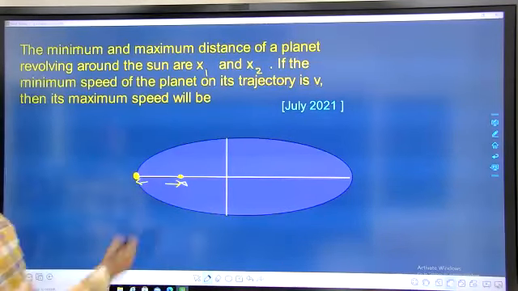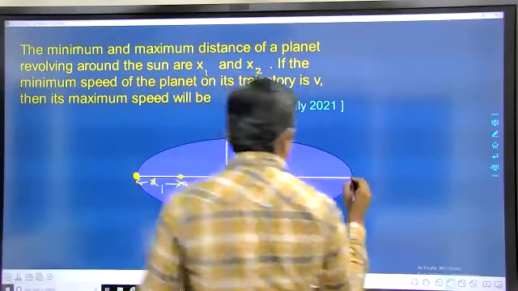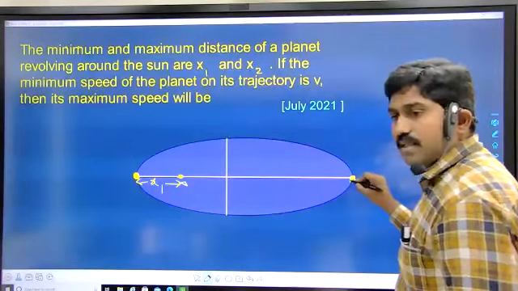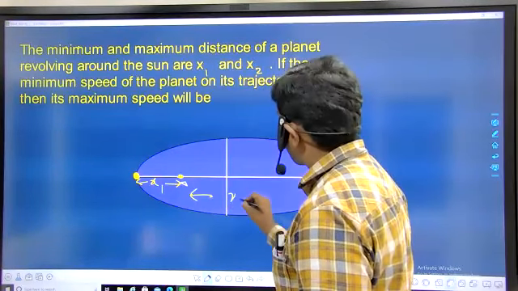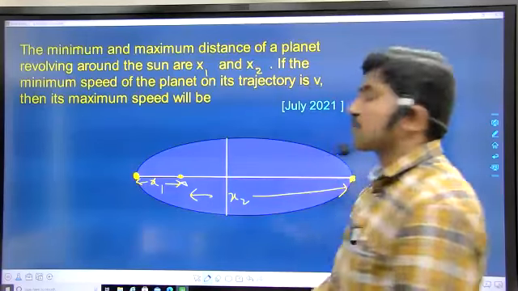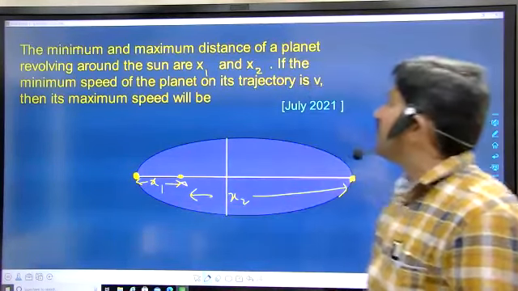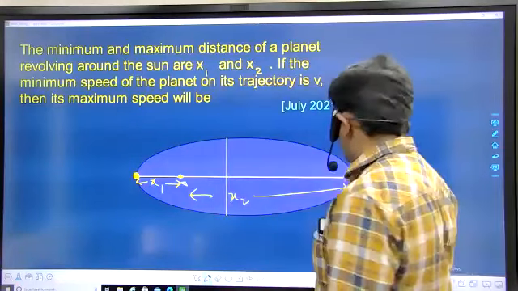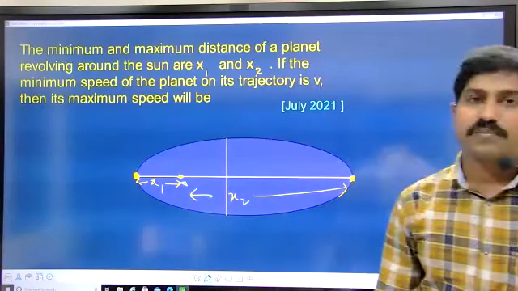Minimum distance was taken as x1. And while it is revolving, if the planet is here, the distance will be maximum. From here to here, the distance can be taken as x2. The minimum distance from sun to planet is x1 and the maximum distance is x2.